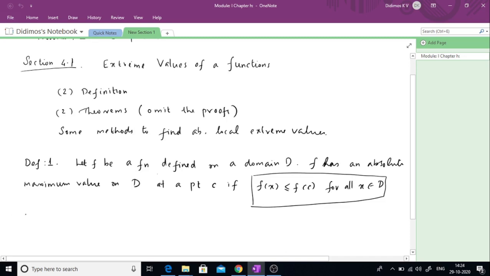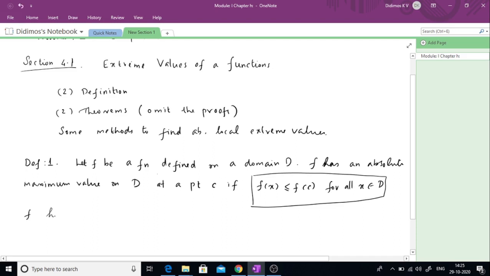Next we have another definition that comes under definition 1, absolute minimum value. The hypotheses are the same. f is a function defined on a domain D. By domain D we mean a subset of R, or in particular an interval.